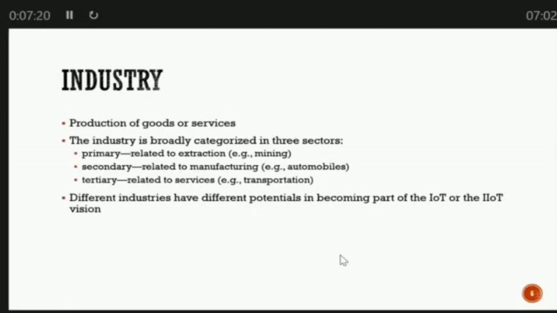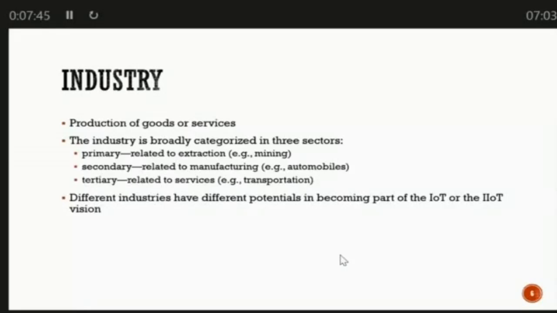The other type of industry is secondary. This is related to manufacturing. For example, manufacturing automobiles, manufacturing electronics, etc. The third type of industry is tertiary. This is related to services. For example, in case of secondary industry, you manufacture vehicles, you manufacture buses, trains, etc. But based on those manufactured buses or trains or vehicles, you provide commute service.